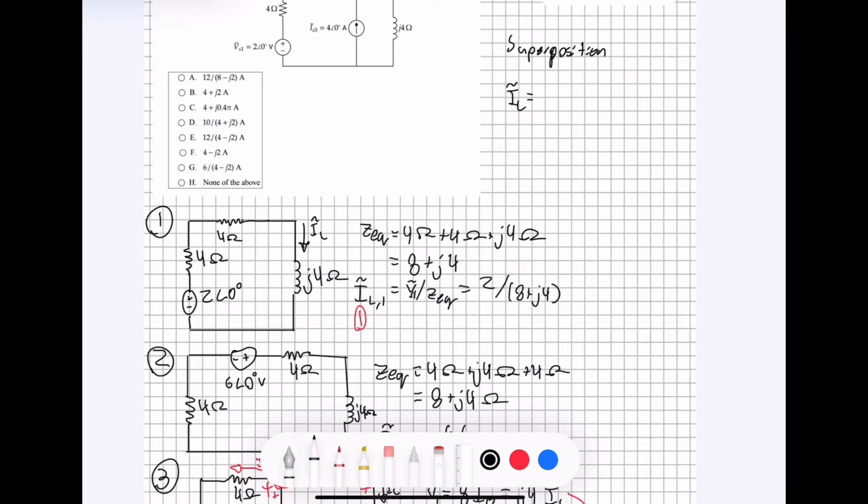IL is equal to 2 over 8 plus J4 plus 6 over 8 plus J4 plus 32 over 8 plus J4. We can simplify this fraction to be 40 over 8 plus J4, which is also equal to 20 over 4 plus, we can simplify it even more than that. It can be equal to 10 over 2 plus J.